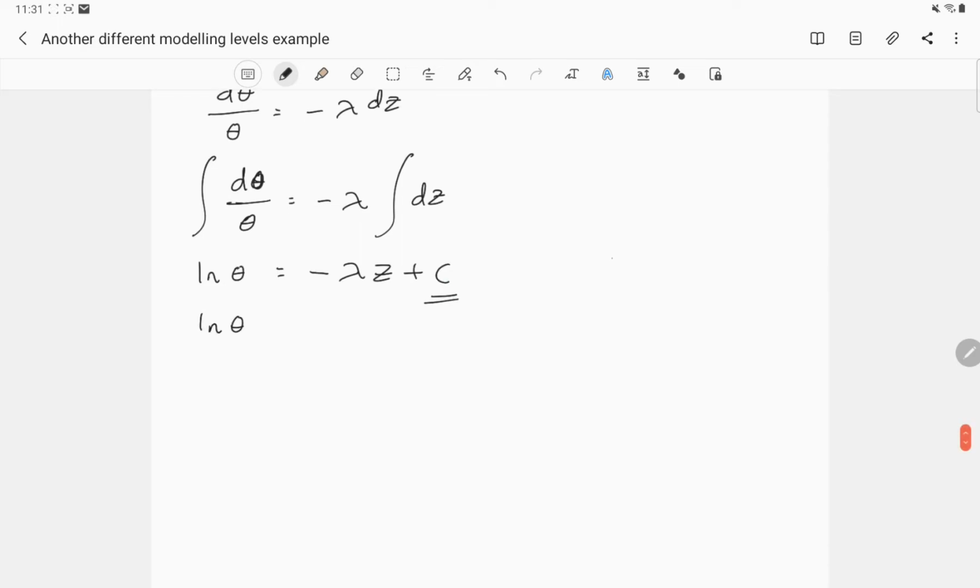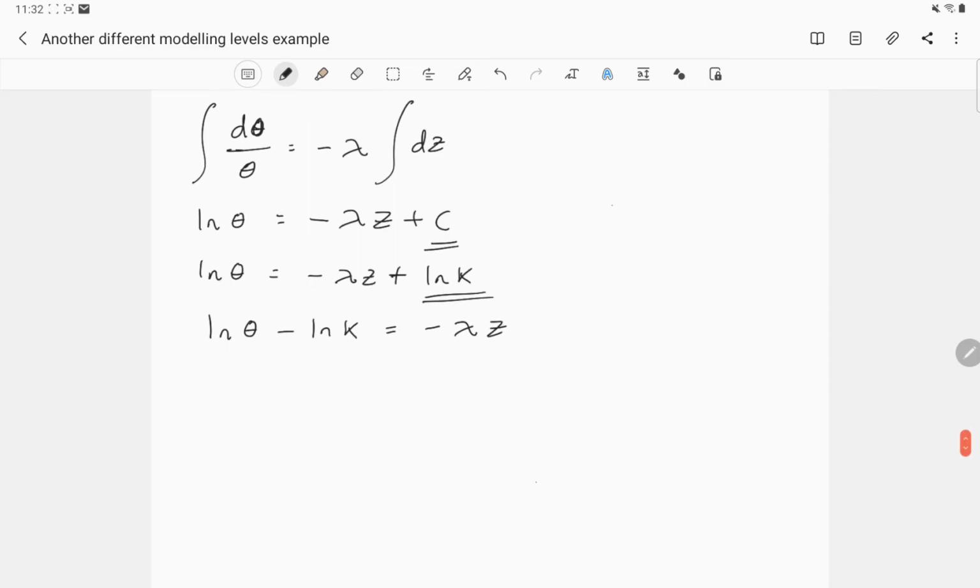Okay, and then just to make it easy to operate in here, we can change the c into ln k, because a ln of a constant will be equal to a constant. Okay, then ln theta minus ln k will be equal to minus lambda multiplied by z. Then remember your logarithmic operations.